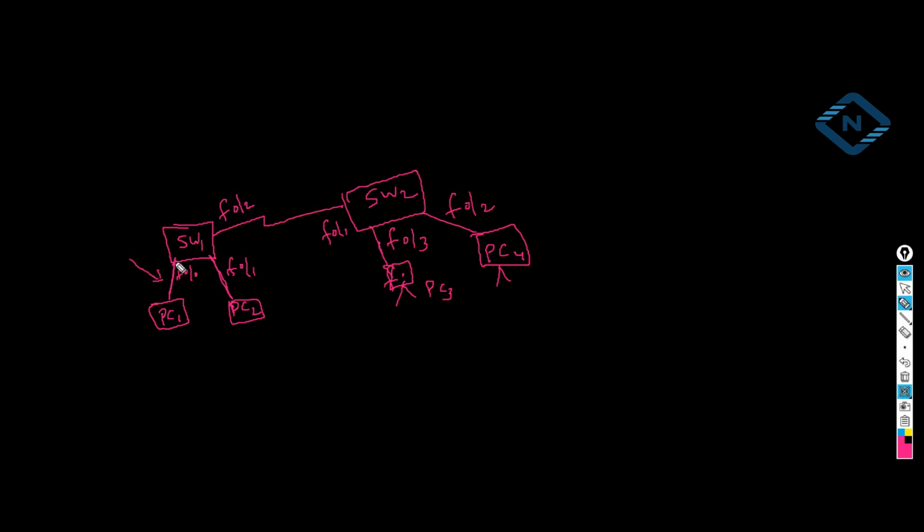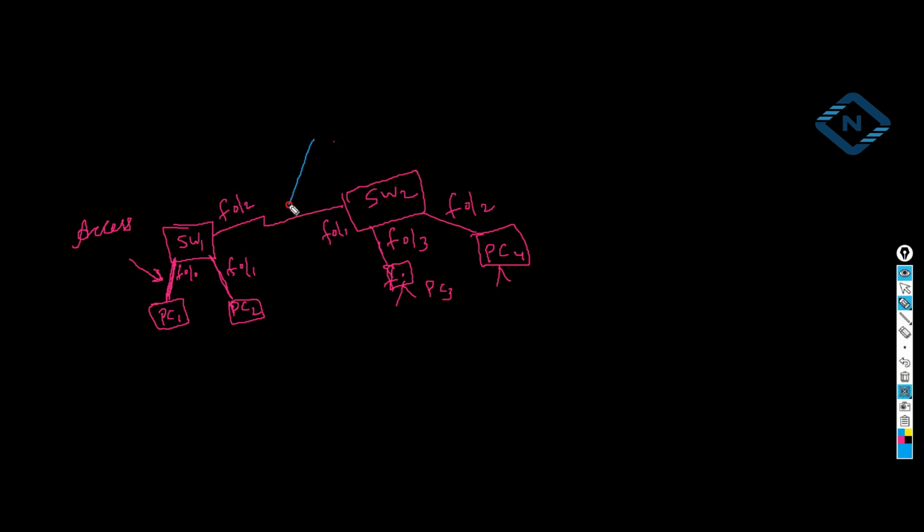But if you see, this link is connecting to our machine, our computer or our printer or our scanner or our server. So this link we need to put in access mode. You need to remember, we need to put this link in access mode, and this link should be in trunk mode.